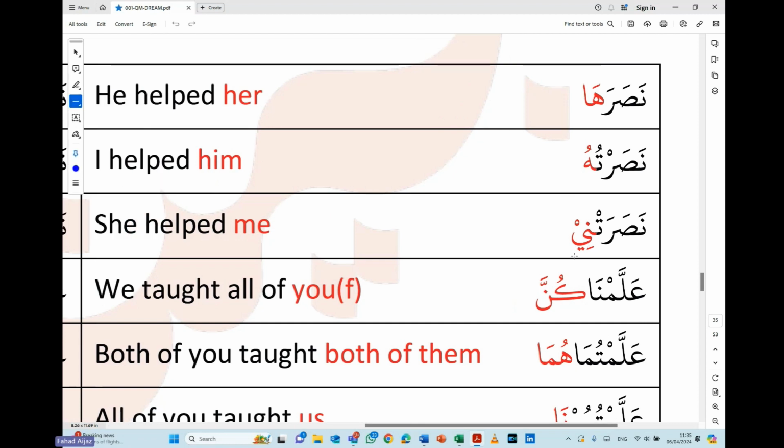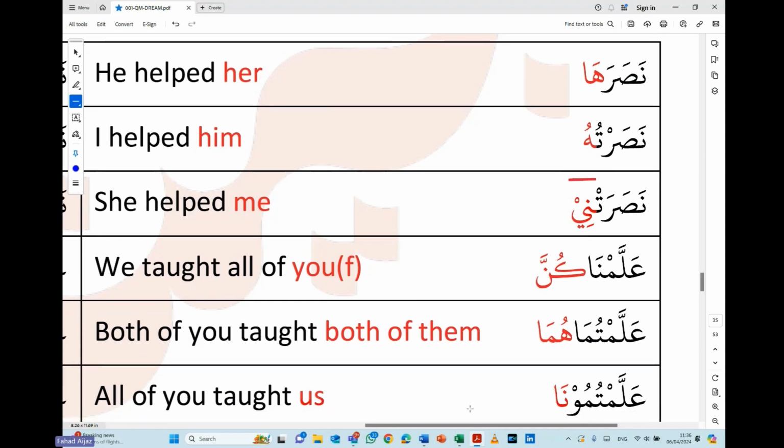And ni is the attached form of ana. If you remember, ana had ni and ya as attached forms, and we said the ni is going to be the nasb form. So you first translate Nasarat, she helped, and then me, which is ni.